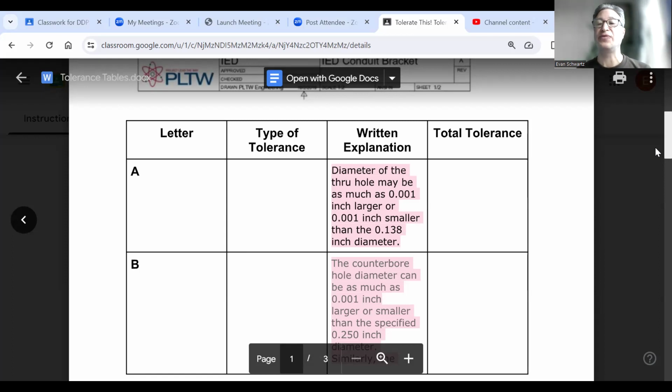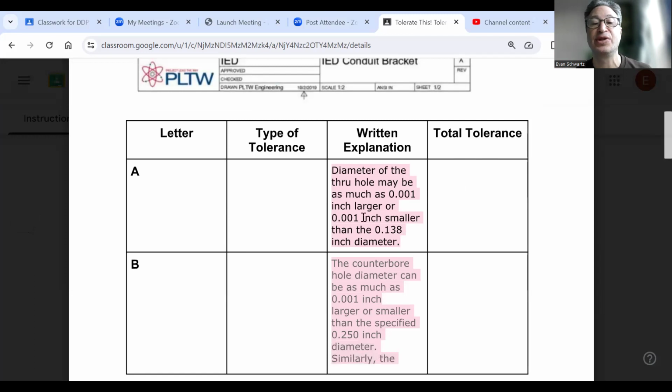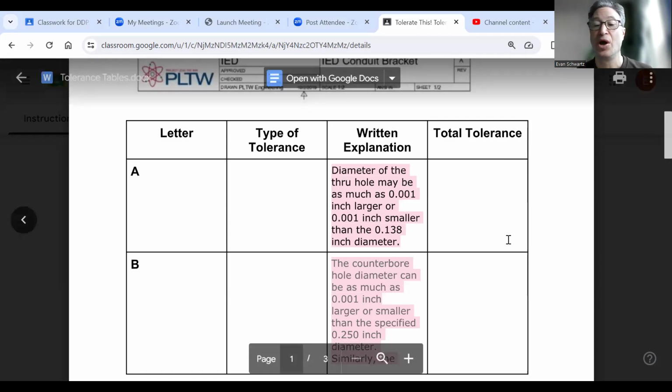I want the feature in there, whether it's a hole, what kind of hole, is it a counterbore, is it a through hole, how much larger is it going to be, how much smaller is it going to be, and the original dimension that it's supposed to be. All of that information should be in the written explanation. The total tolerance here is going to be what that total tolerance is. So in this case, it would be 0.002, okay?